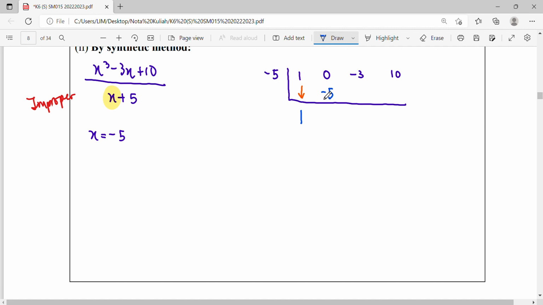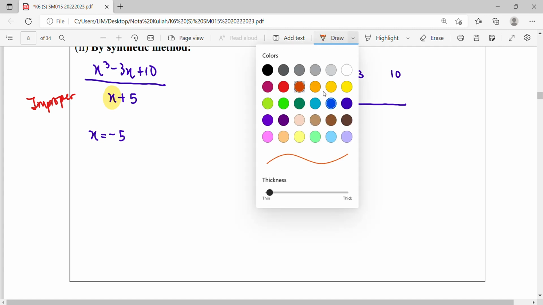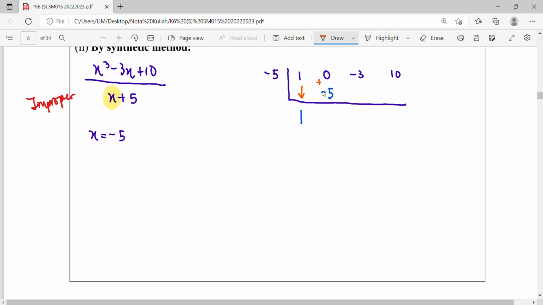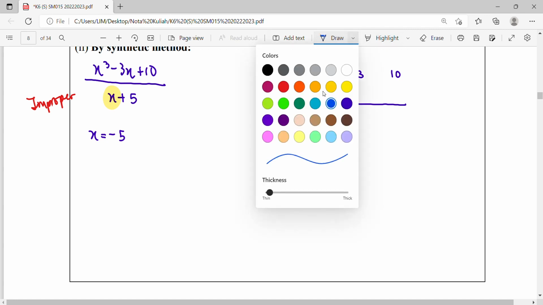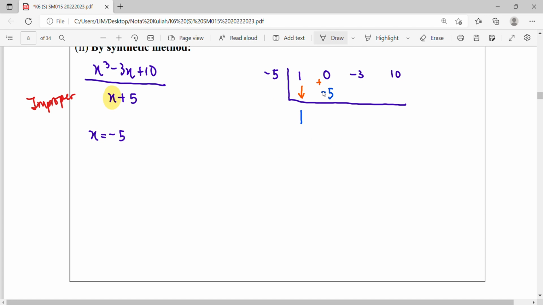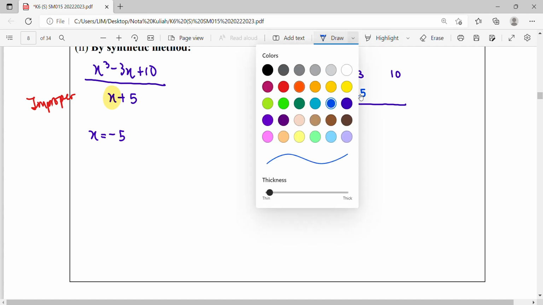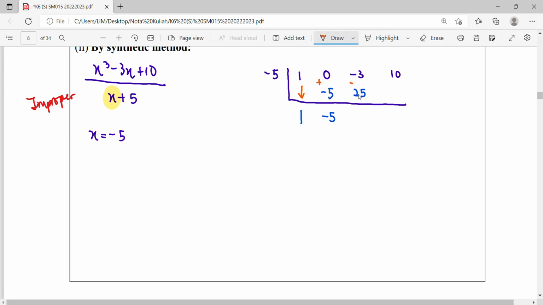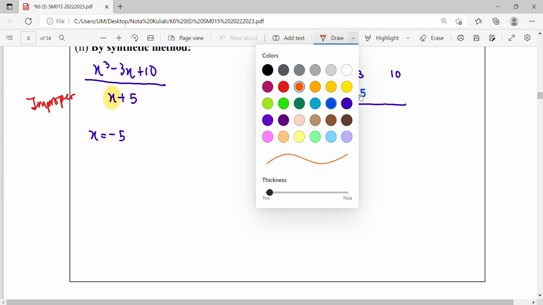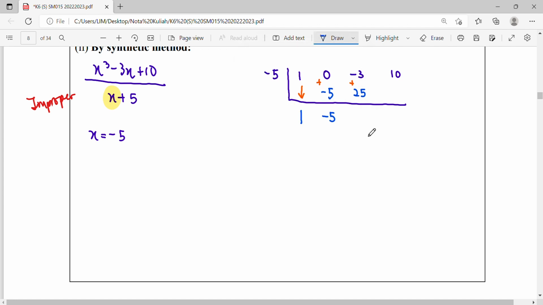Then we add 0 plus negative 5, and our result will be negative 5. So the process continues. Multiply with our divisor value, here we get 25. In order to simplify, we add them together, and that gives us 22.